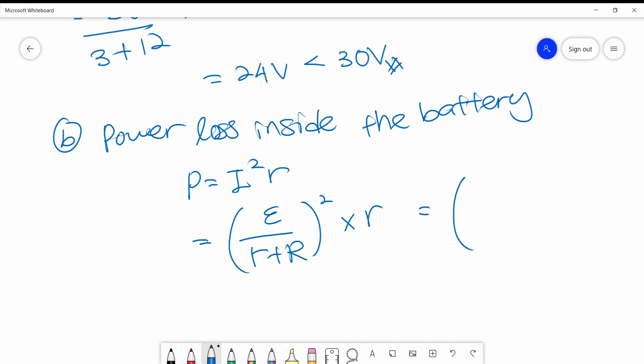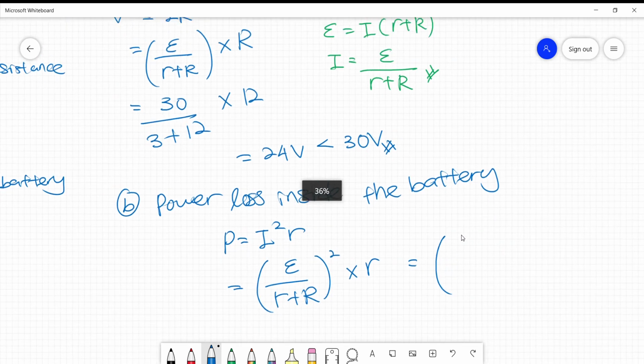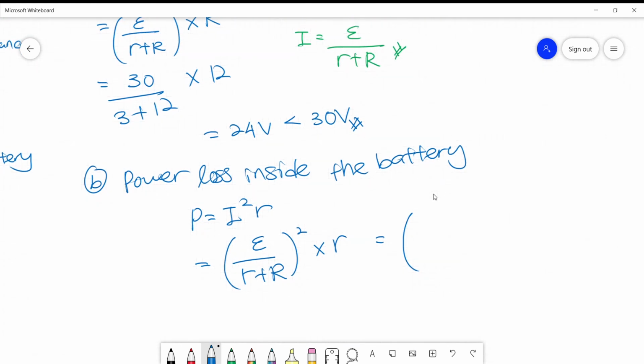We need to sub all the related values into the formula. So this is 30 over 3 plus 12, squared, times the internal resistance, which is 3. If I calculate it, finally what I get is 12 watt.